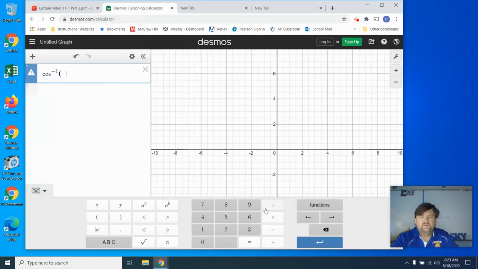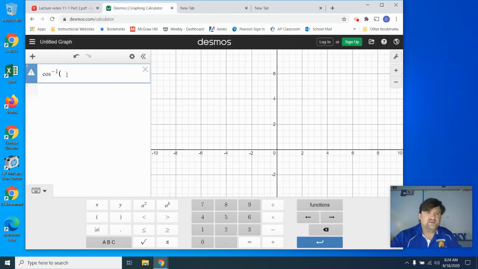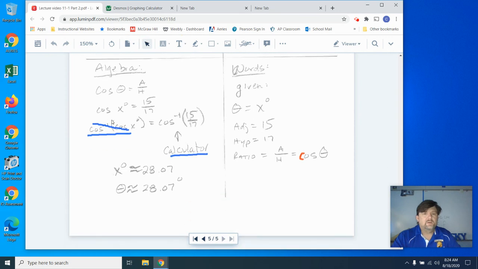Dealing with cosine, and the fraction is 15 over 17. So the inverse cosine of 15 divided by 17, here's my answer right here, 28.07 degrees. So I end up with a theta of approximately 28.07 degrees.